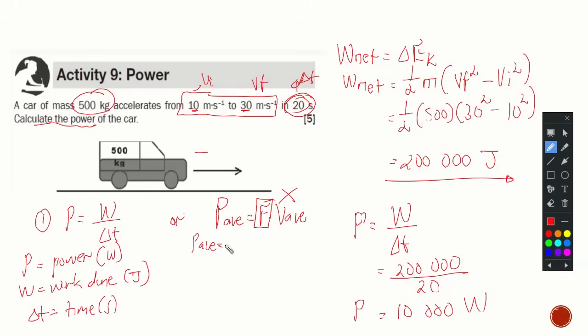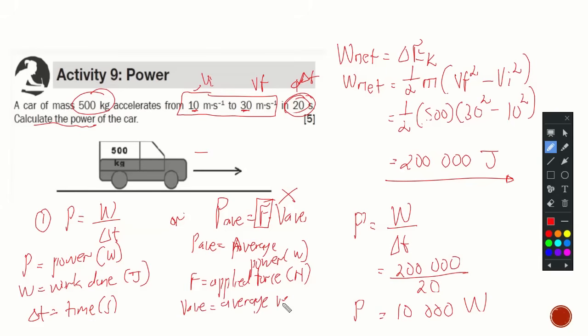Also here, the P average is the average power given in watts, and F is the applied force, which can be in the form of an engine, given in newtons. V average is the average velocity or average speed, given in meters per second. So it is very crucial that you know those formulas and what the quantities of the formula mean.